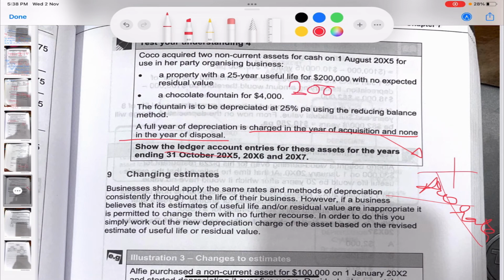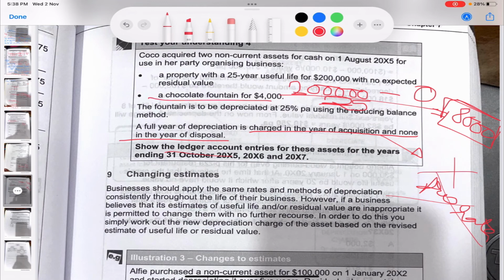Cost minus residual value, no expected residual value, which means 0. Upon useful life, which is 25. So 2 lakh divided by 25 is 8,000. So 8,000 is the depreciation which is to be charged every year.